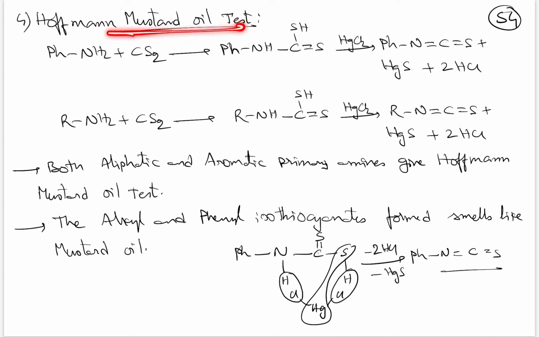Therefore, the identification reaction is called the Hofmann mustard oil test, otherwise nothing to do with mustard oil. Okay. So both aliphatic and aromatic primary amines give this Hofmann mustard oil test, and they will form isothiocyanates, and the way the reaction happens, I have given you, see.